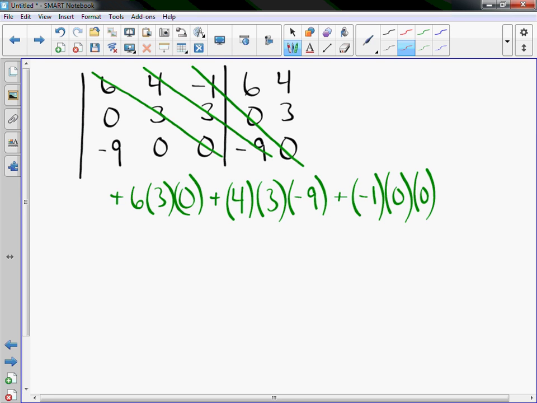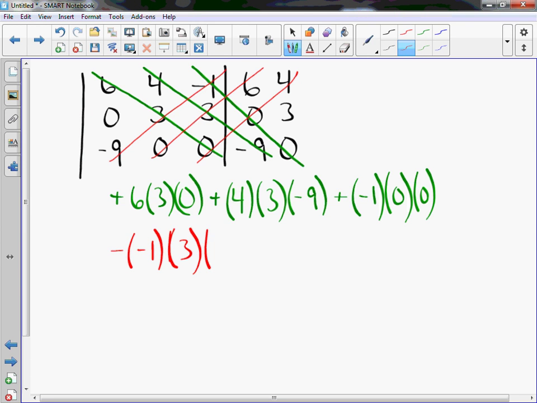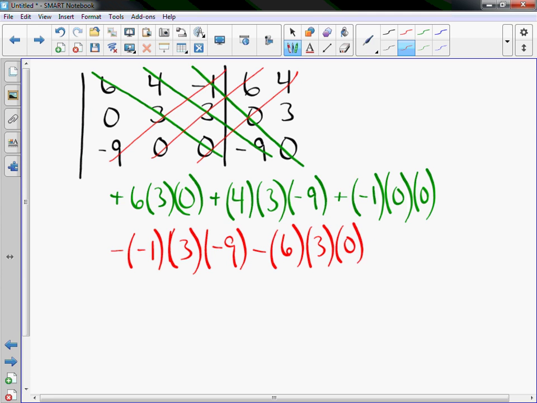Then I also have 3 diagonals going right to left, and all of those are going to be subtracted. The first diagonal, minus -1 times 3 times -9. The second diagonal, minus 6 times 3 times 0. And the last diagonal, minus 4 times 0 times 0.